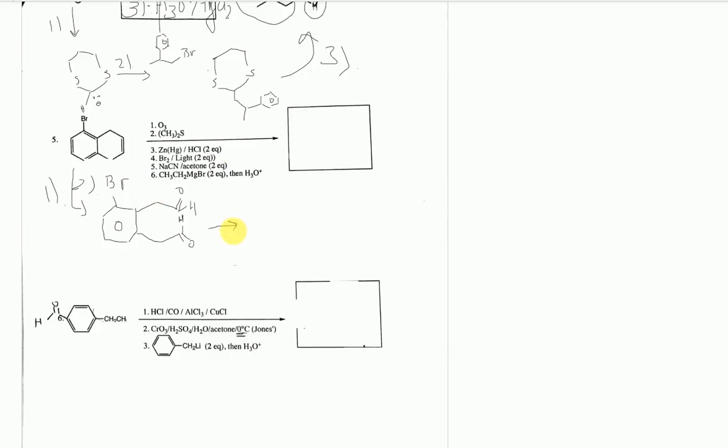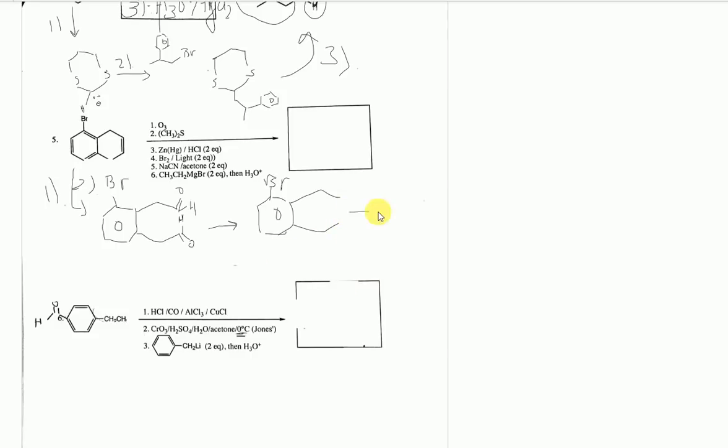Okay, and then the next step, Zn(Hg), HCl, heat. So we're going to be doing a reduction here. So we need to get rid of our carbonyls, and that is going to give us this. Okay, so that's that step, right?